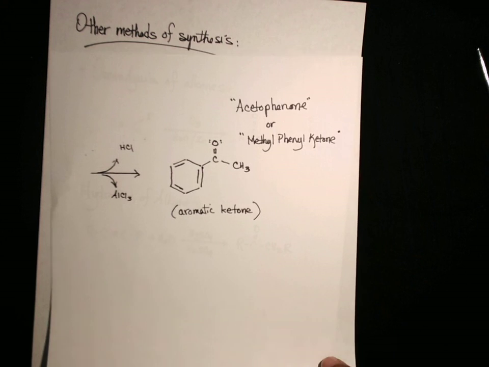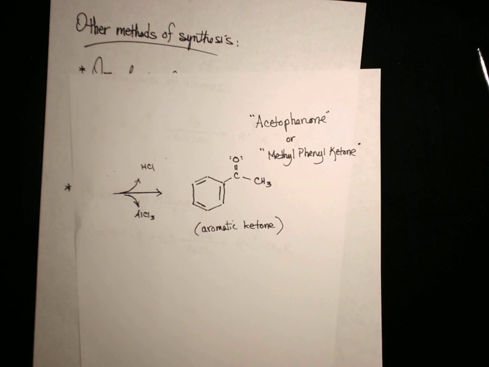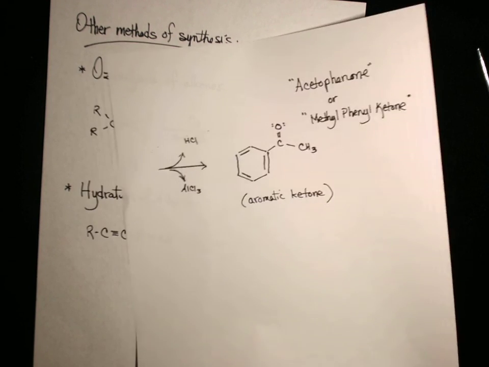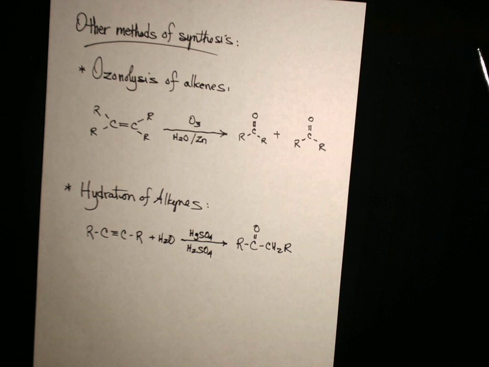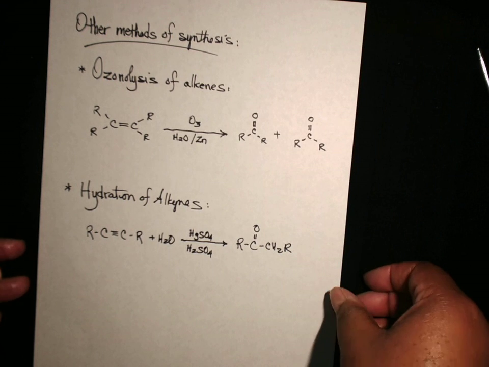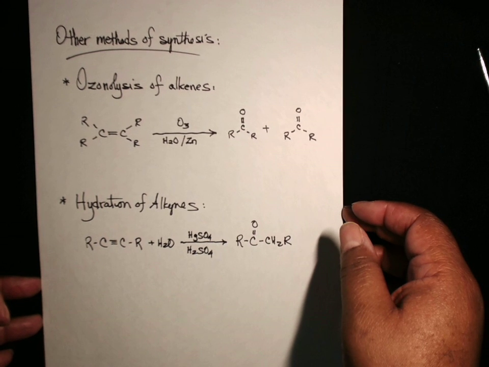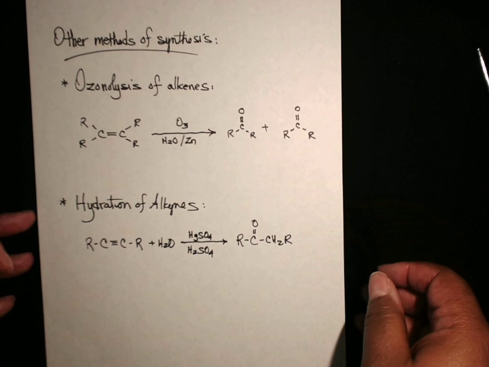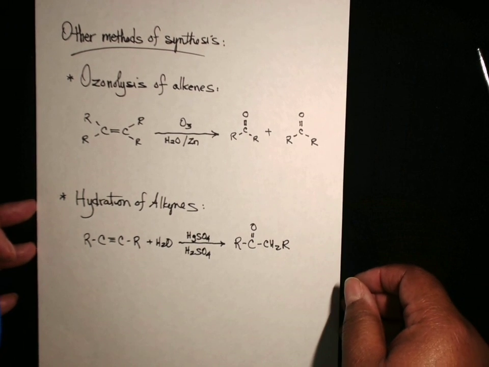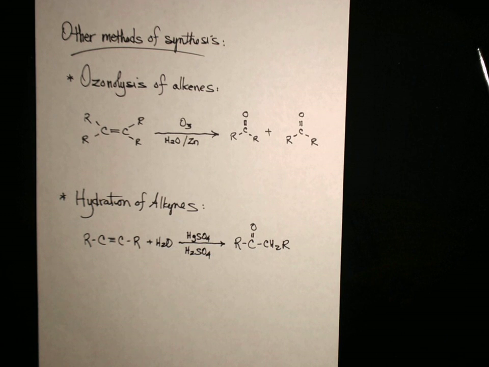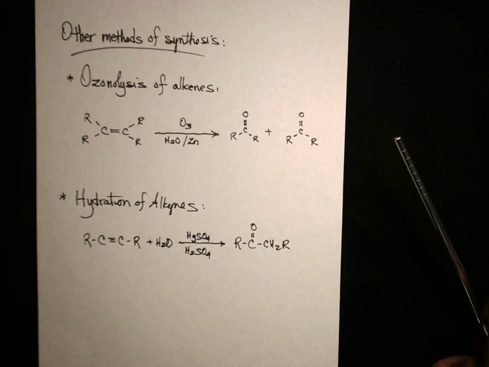Now, are there any other ways to make an aldehyde or ketone? There are some lesser referred to, and just for the sake of completion, I will mention this. Please feel free to read up further on this if you so choose.